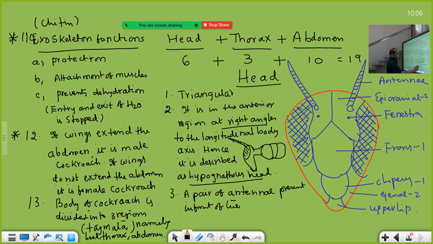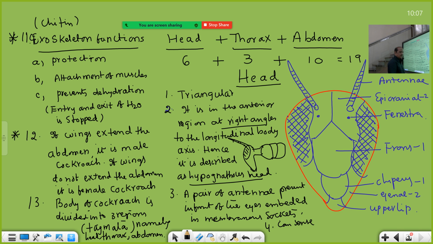In front of the eyes, embedded means inserted in membranous sockets. These are the membranous sockets. In the membranous sockets, they are enclosed. So antennae have sensory receptors. So antennae can sense the environment.